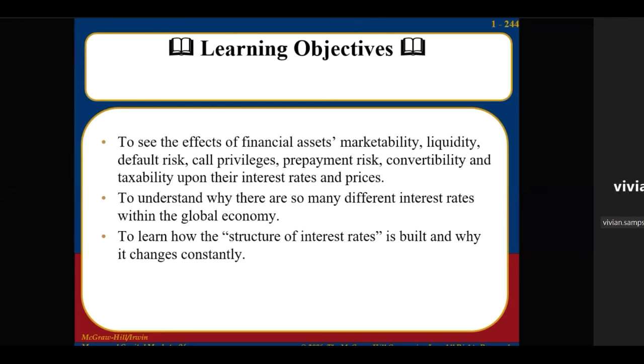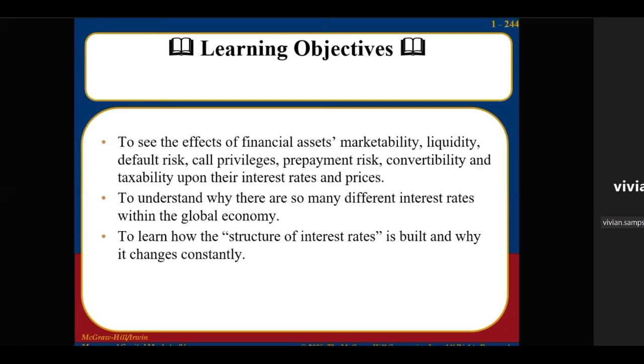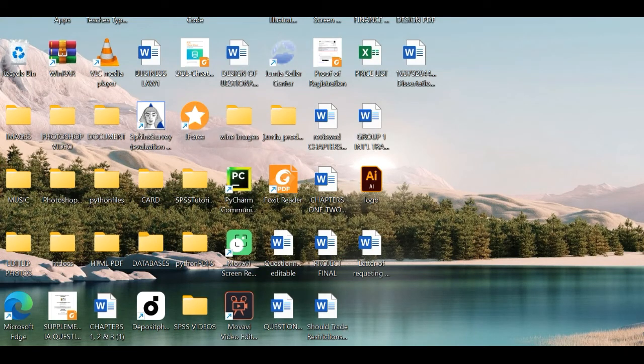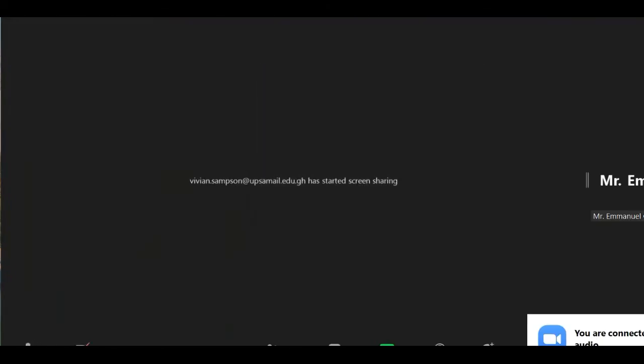Thank you. We are going to look at the effects of some characteristics or attributes on interest rates and asset prices. How these characteristics of financial assets affect interest rate determination and also affect the prices of financial instruments on the market.